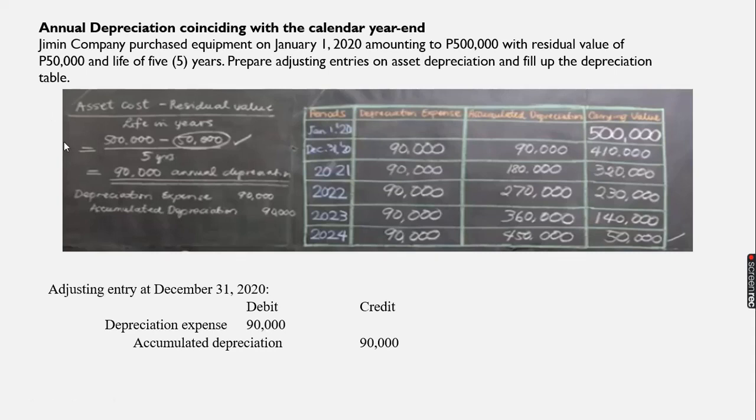So, kung i-multiply mo yung 90,000 by 5 years, ayan, 450 yung accumulated depreciation niya. Tama? So, that's how tayo mag-compute ng depreciation expense.